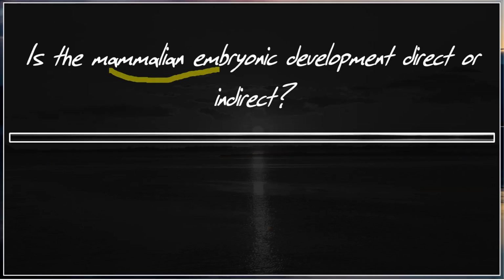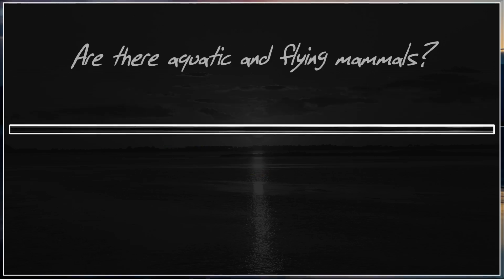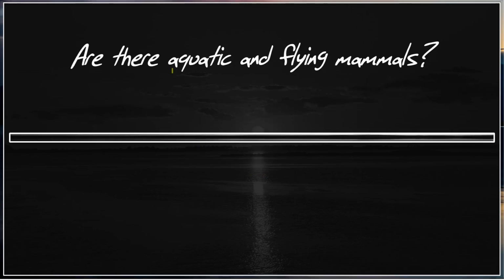Is the mammalian embryo development direct or indirect? The mammalian embryo development is direct, without larval stage. Are there aquatic and flying mammals?